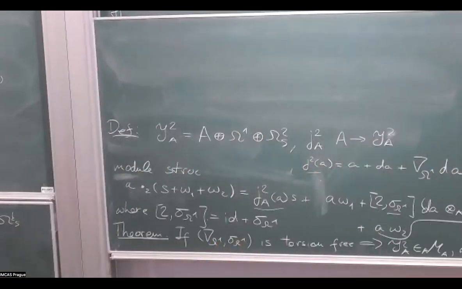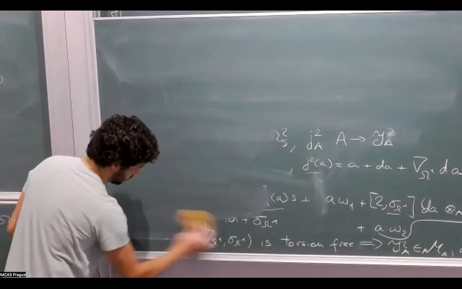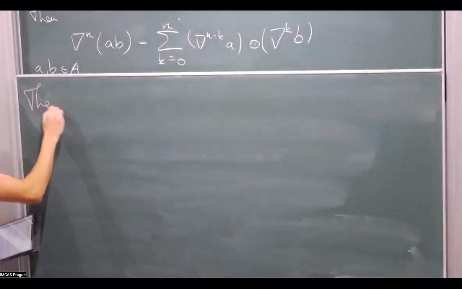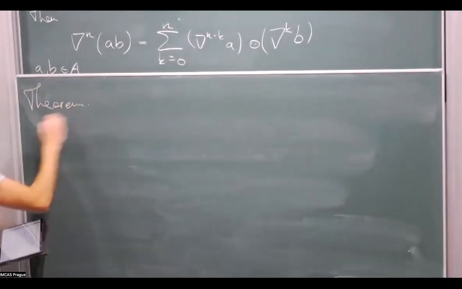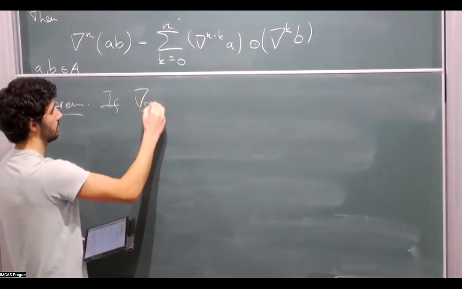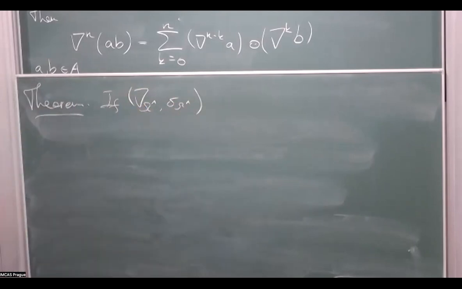Okay, and we can finally come to the main structure that we defined, which is a jet bundle. Having all of this in mind, if we have a connection on omega 1, so omega 1, sigma omega 1, which fulfills all of the conditions that I talked about before.